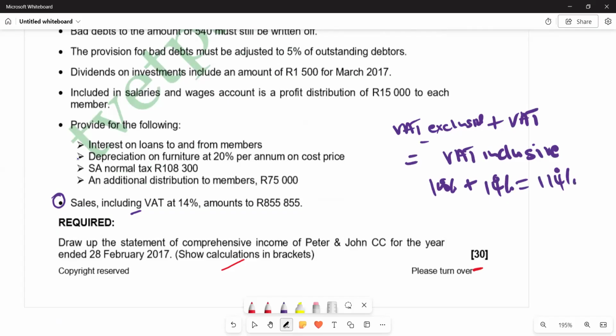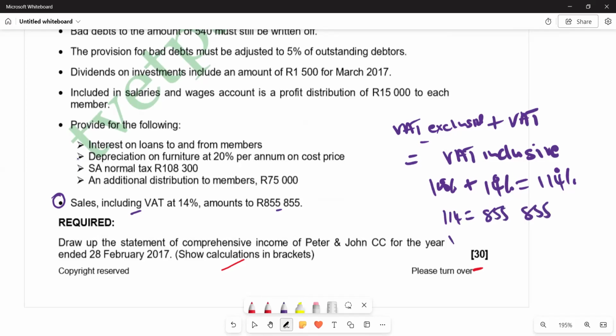Having this now, you are supposed to make a proportion. Remember, you're given 855,855. Just make a proportion by saying your VAT inclusive is the figure that we are given here. So 114 is equal to 855,855.